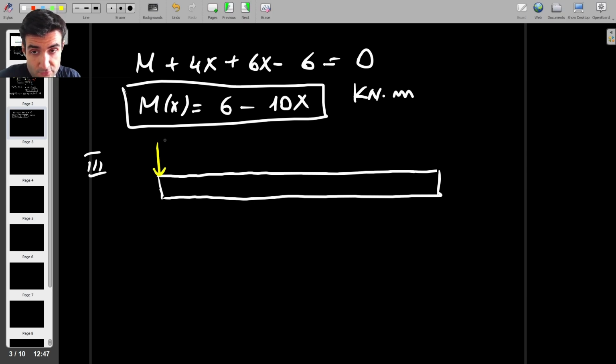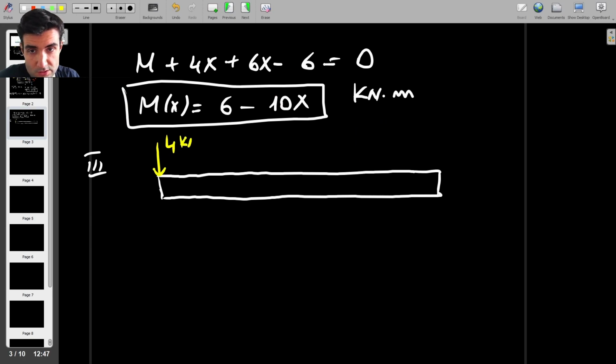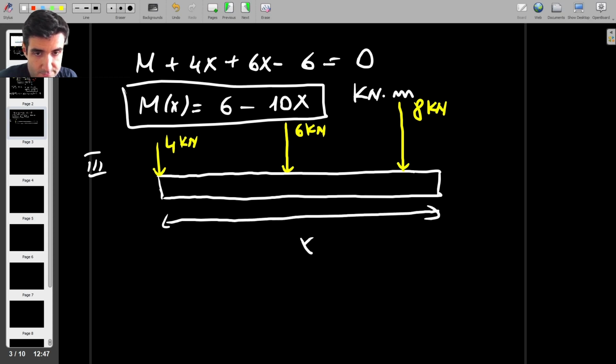So we have 4 kilonewtons. Let's put units, I guess. Then we have 6 kilonewtons. Then we have 8 kilonewtons. And remember, this is not the full length of the beam. This is just some length x.